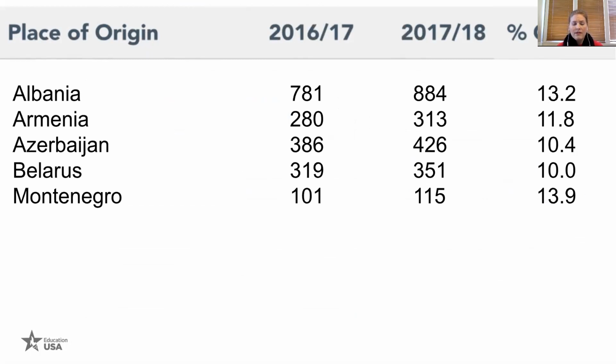Now, these five I have on the screen all had 10% or more increases in the number of students in the US. So again, when you're thinking about recruiting in the region, you can think about the big sending countries for sure, but also we wanted you to know that there are these pockets of positive change throughout the region, and we're happy to help you understand better how to access those students.